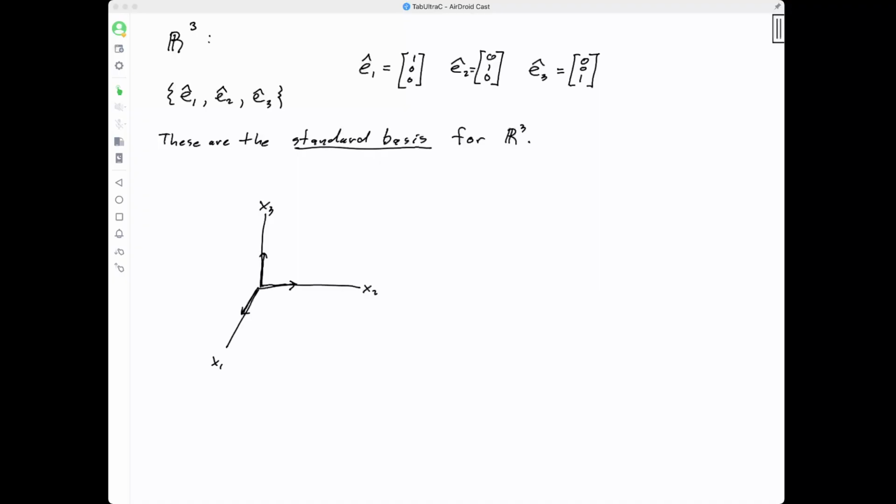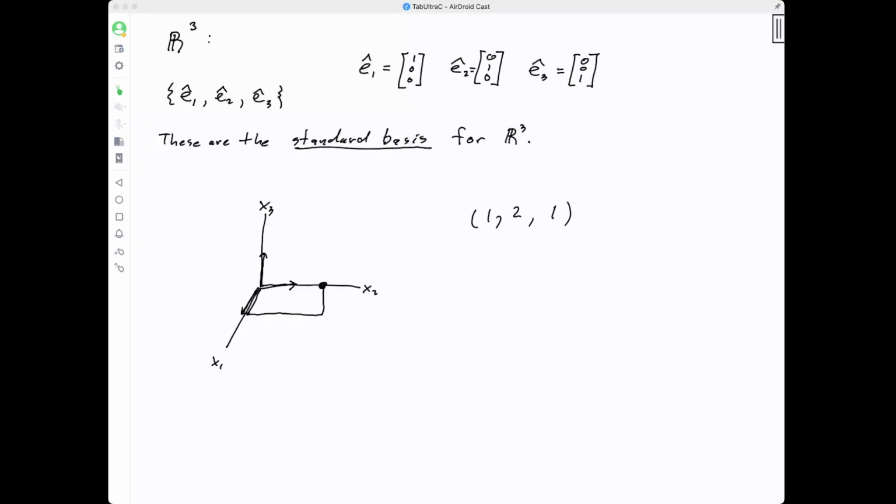And so if I think about any point in 3 space, say 1, 2, 1, I can get there by taking the vector E1, and then 2 times the vector E2, and then 1 times the vector E3.